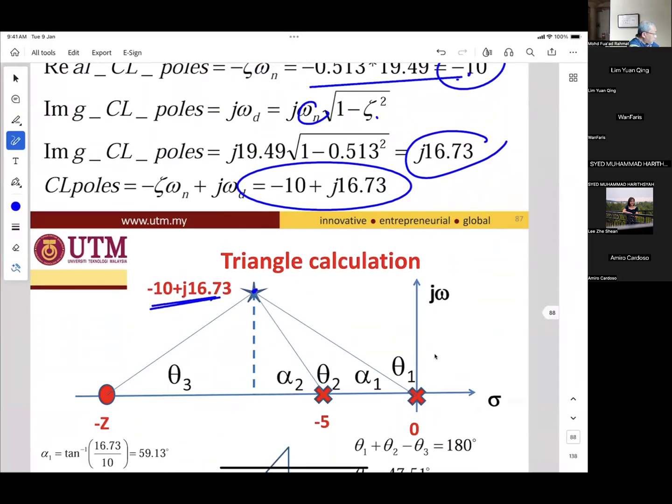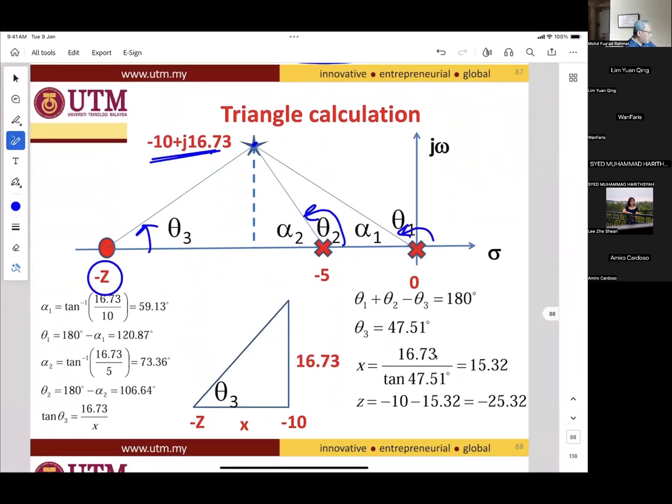Where the open loop pole 0 has the angle theta 1, and the open loop pole minus 5 has angle theta 2. Then we locate the new zero here, and the angle corresponding to the new zero is theta 3.